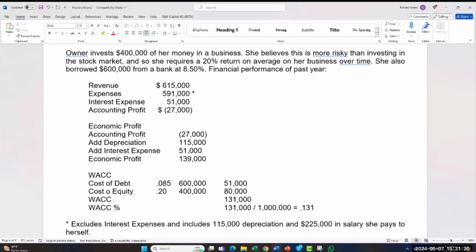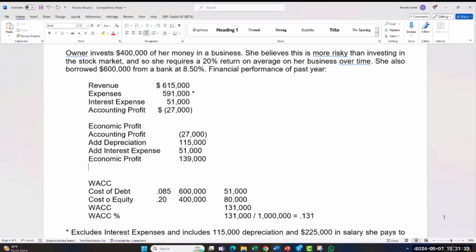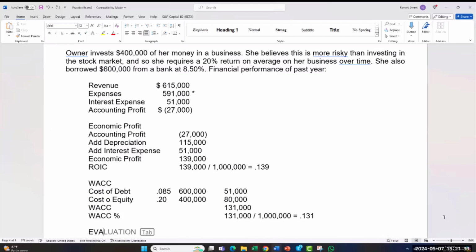And your economic profit, call this return on invested capital, is going to be 139 divided by $1 million. And that equals 0.139. So your EVA equals your economic profit minus your cost of capital.